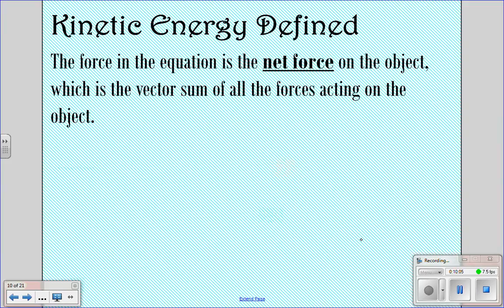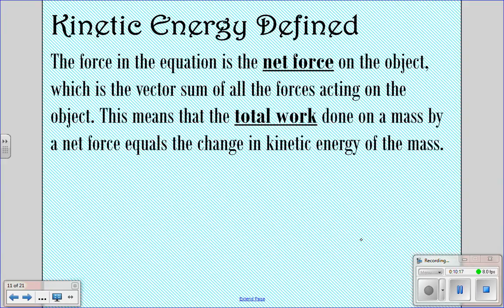The force in the equation is the net force on the object, which is the vector sum of all the forces acting on the object. So that means that the total work that's done on a mass by the net force is going to equal the change in kinetic energy of the mass.